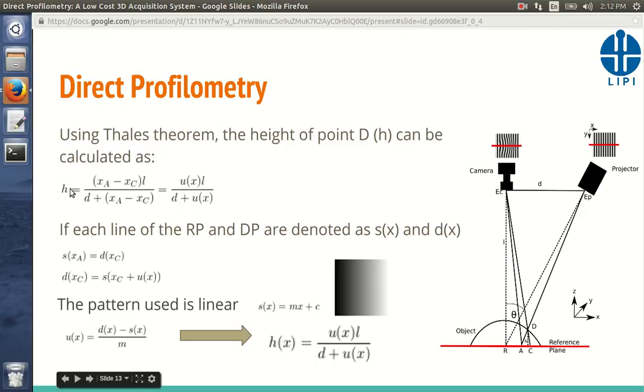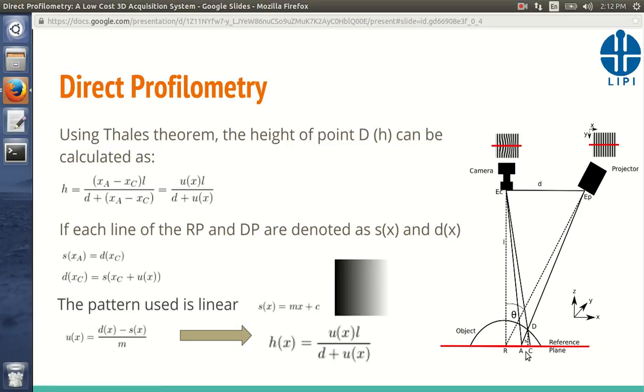From the height information, it can be calculated by this equation: (AC XA minus AC) times L divided by D plus XA minus AC XC.